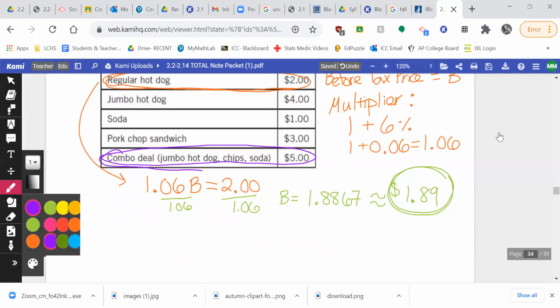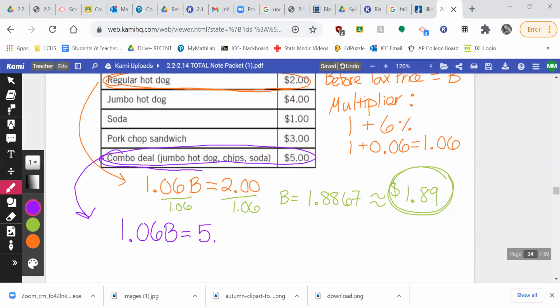Okay, let's go ahead and now do this for our combo meal. I'm going to use the same exact setup, but now I want the final price to equal $5. That's the final price of our combo meal.